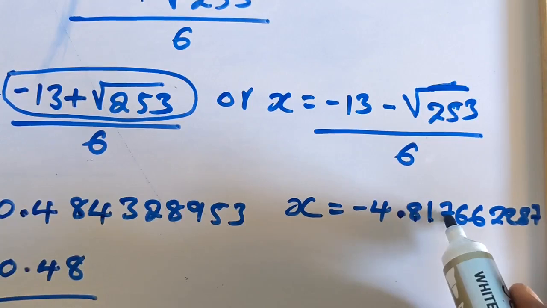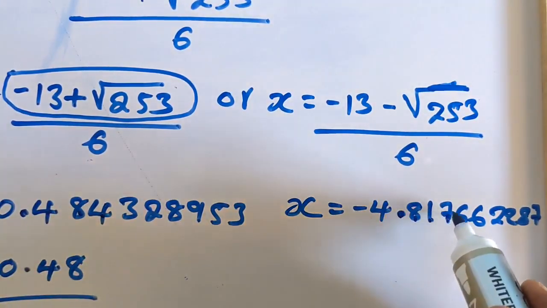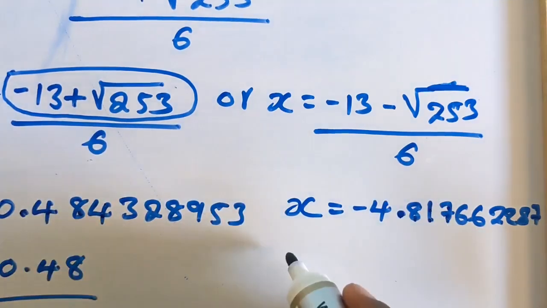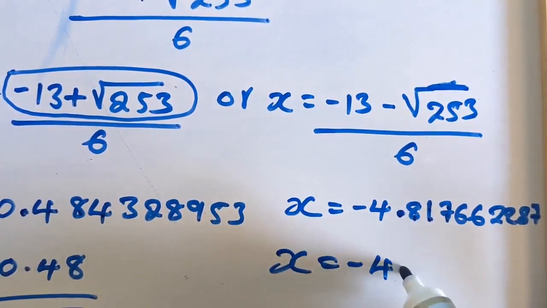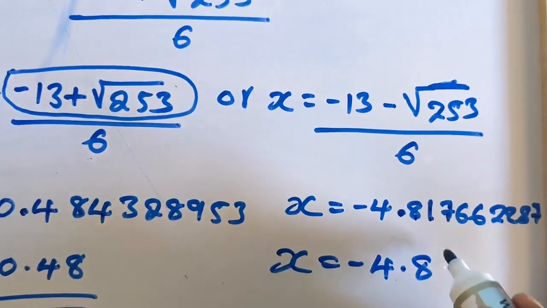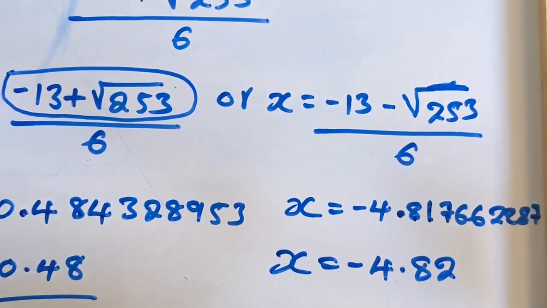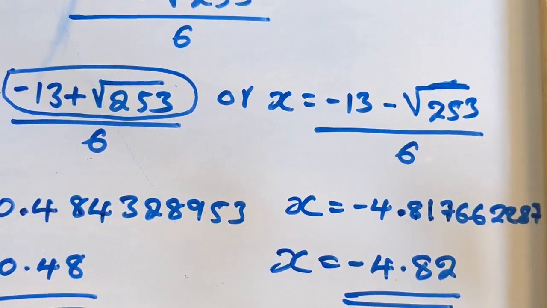But since the next number is 7, which is greater than 4, meaning 5 and up, we are going to get a 1 from the 7 and add it to this number. So our answer is going to be negative 4.8, and adding 1 to the 1 gives us 2. So this is the final answer.